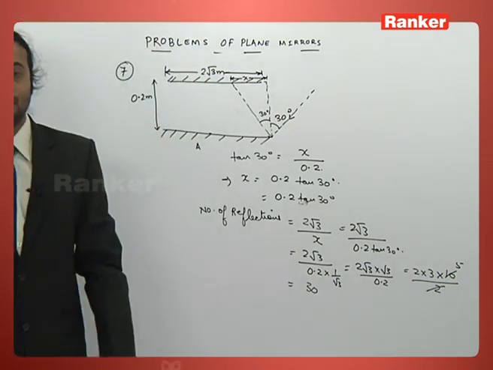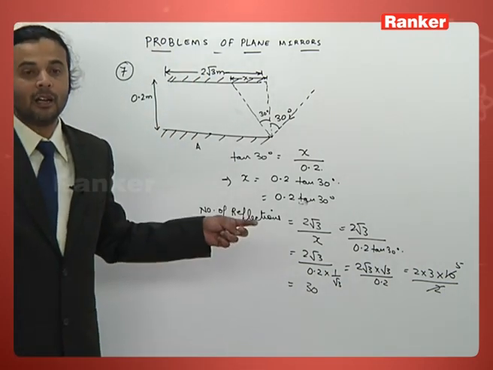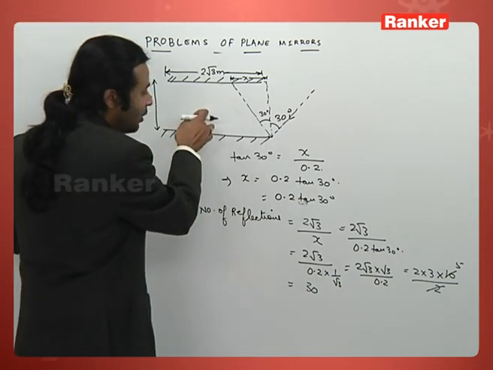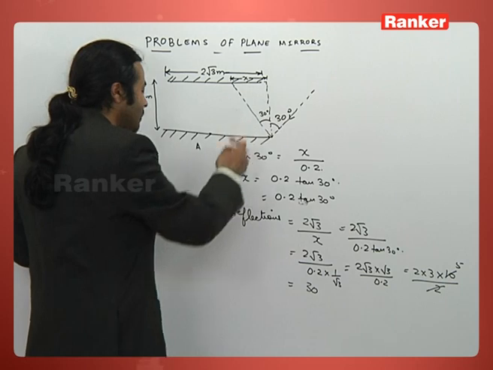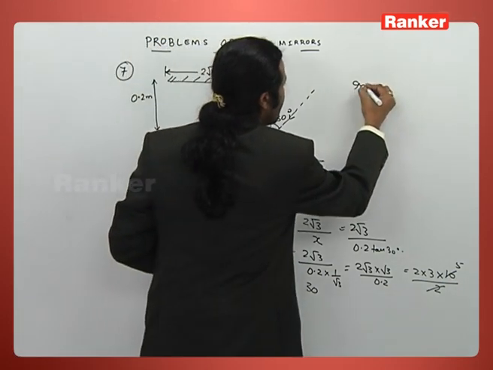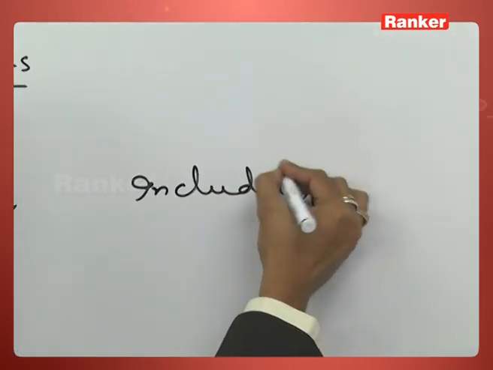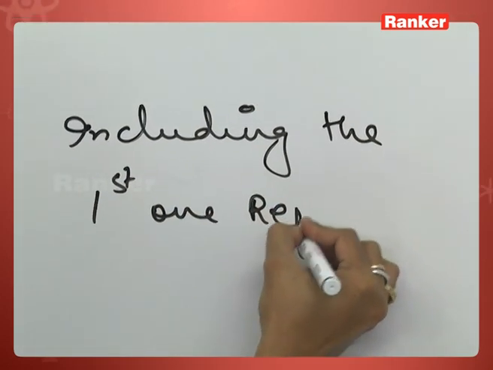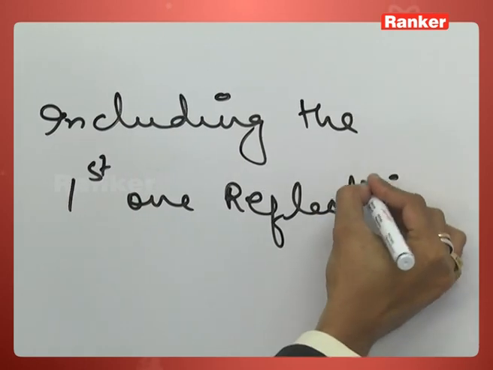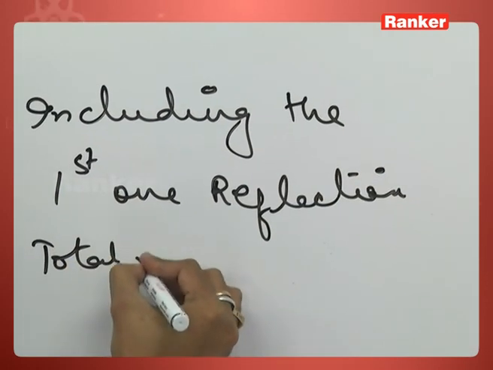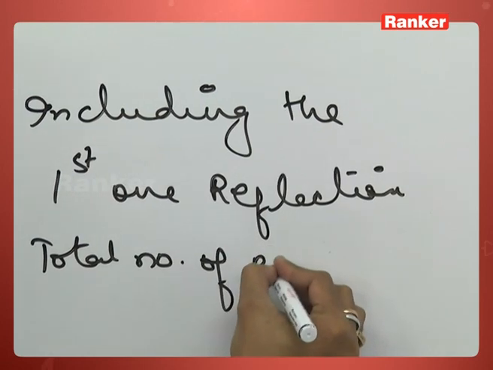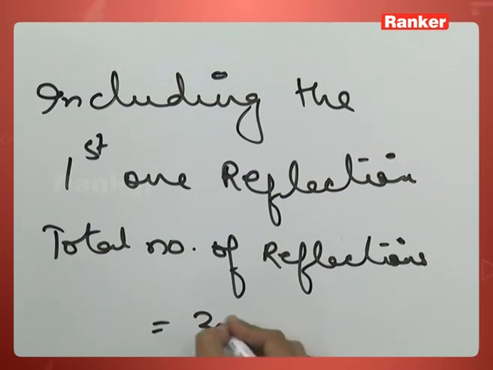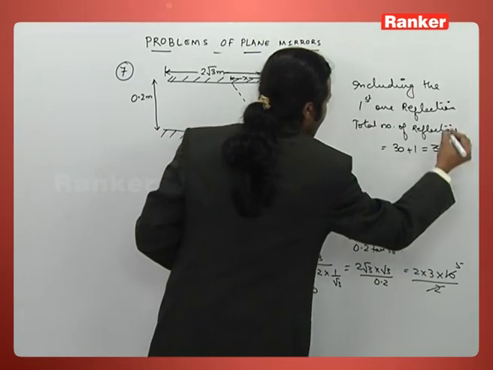And the question says the number of times the ray undergoes reflections including the first one. That means now 30 reflections will be there. If I include the first reflection, total number of reflections equals 30 plus 1, 31 reflections.